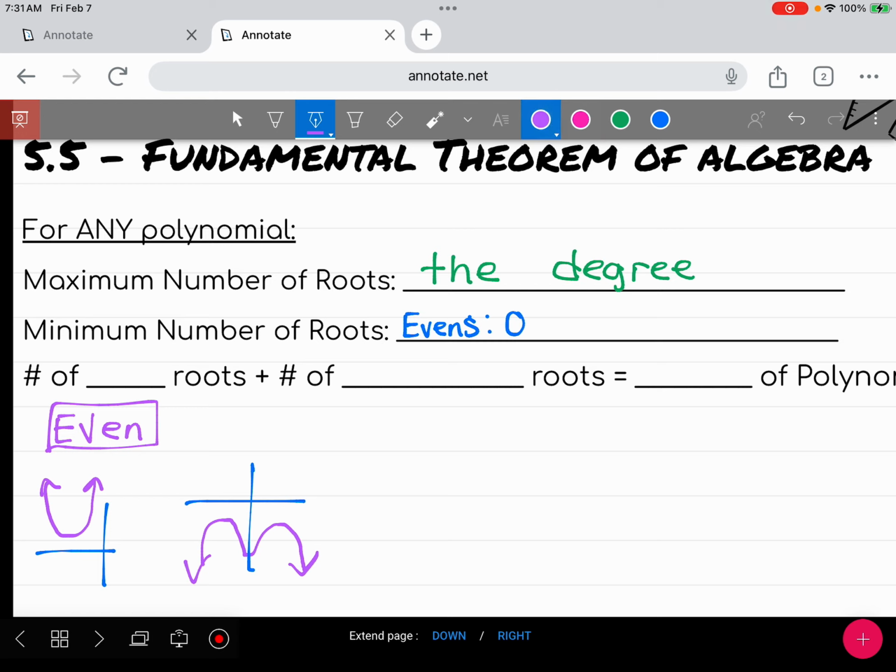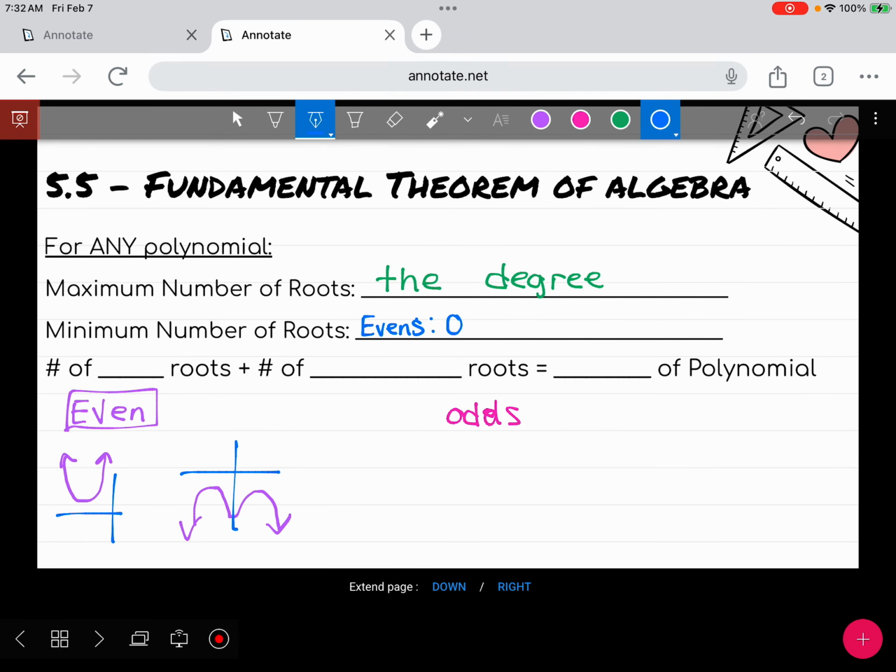Odd degreed functions, let's get odds. No matter what degree we're thinking, odds would be things that are power of 1. We could have a power of 3. I could have more than that. I could do 1, 2, 3, 4, 5.